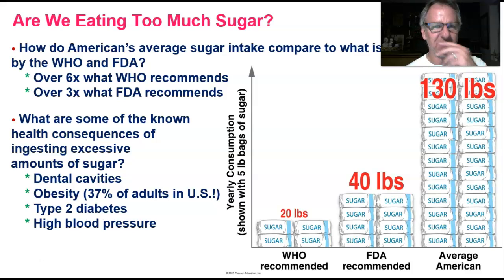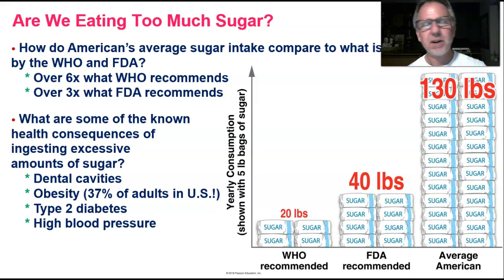So let's take a look at how Americans' average sugar intake compares to what is recommended by the World Health Organization, WHO, and the Food and Drug Administration, FDA, which is a United States government administration.